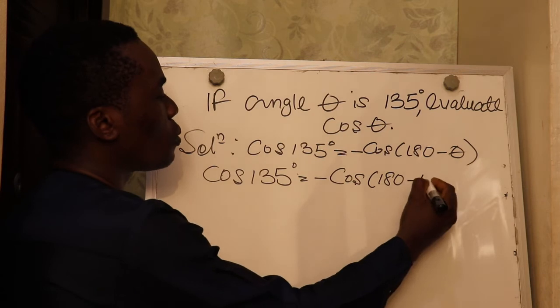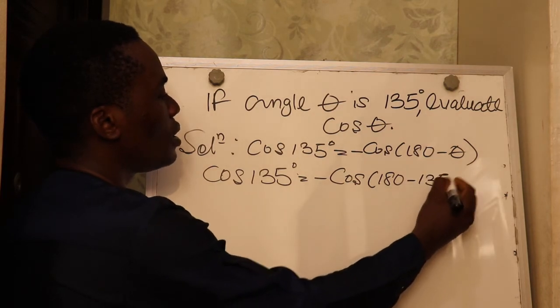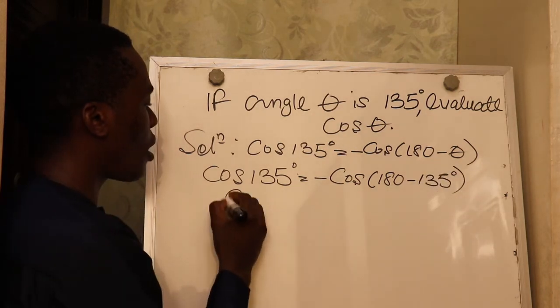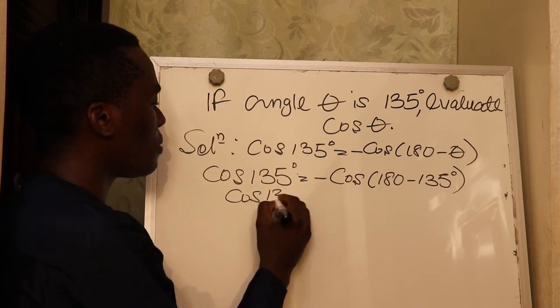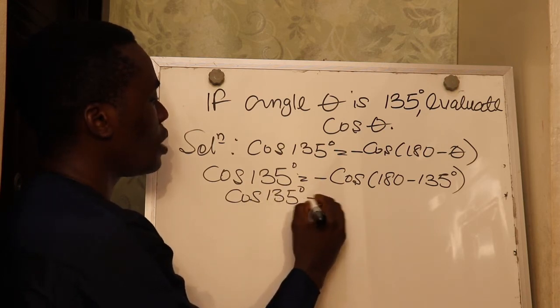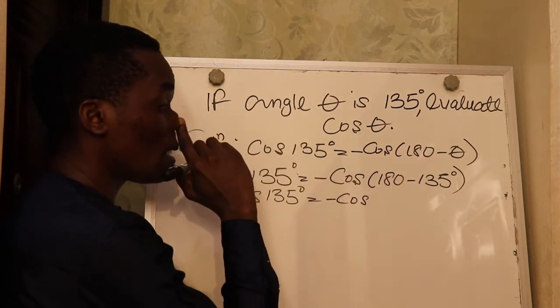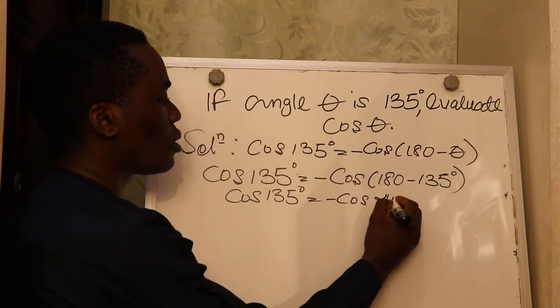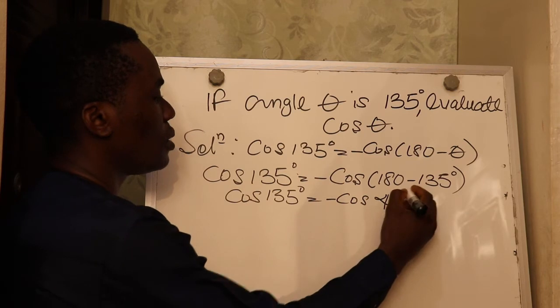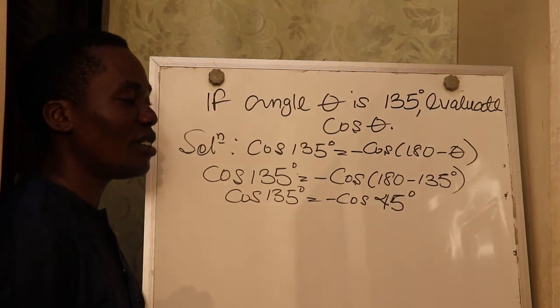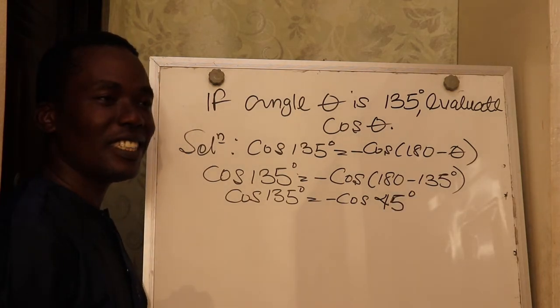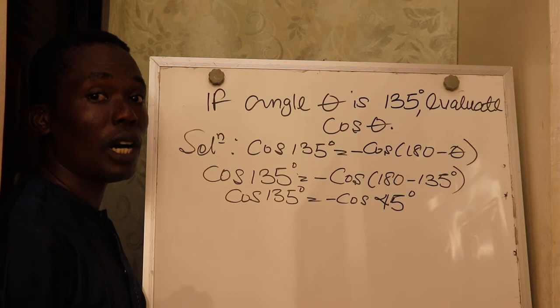180 minus 135 degrees. Now our cos of 135 degrees will now be equal to minus cos what? 180 minus 135 will give us cos what? 45 what? Degrees. Now you see, we'll break it down to cos 45 degrees. Now there is something we call a trigonometric triangle, which is used for solving special angles.